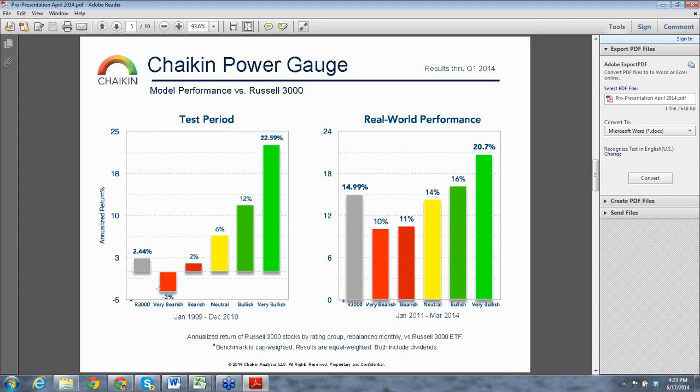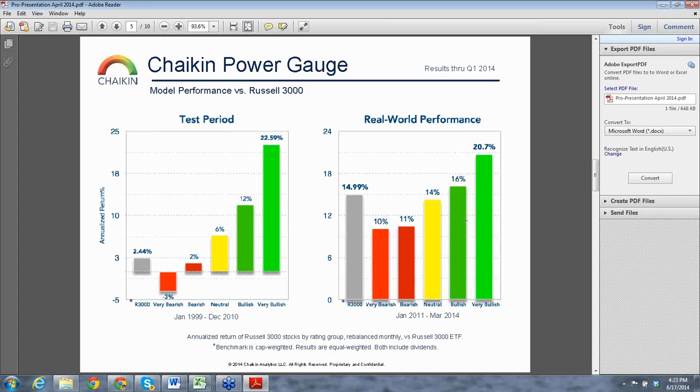We have that stair step you look for when you're looking at a model. The Russell 3000 during this time period of 2000 through 2010 was up 2.5%. Our very bullish names were up 22.5%. Our bullish names up 12%. Our neutral names performed 6%. Bearish at 2%, and very bearish 3% under.